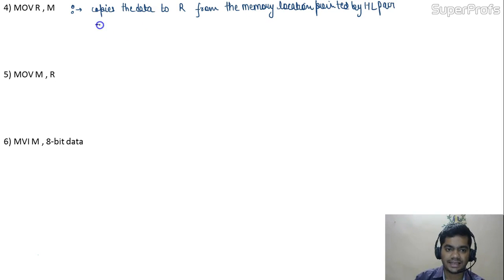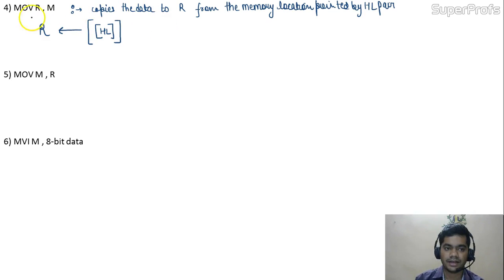Or we can write it like this also: whatever content is present in the HL register pair would be the address, and at that address whatever data is present would be transferred to register R.